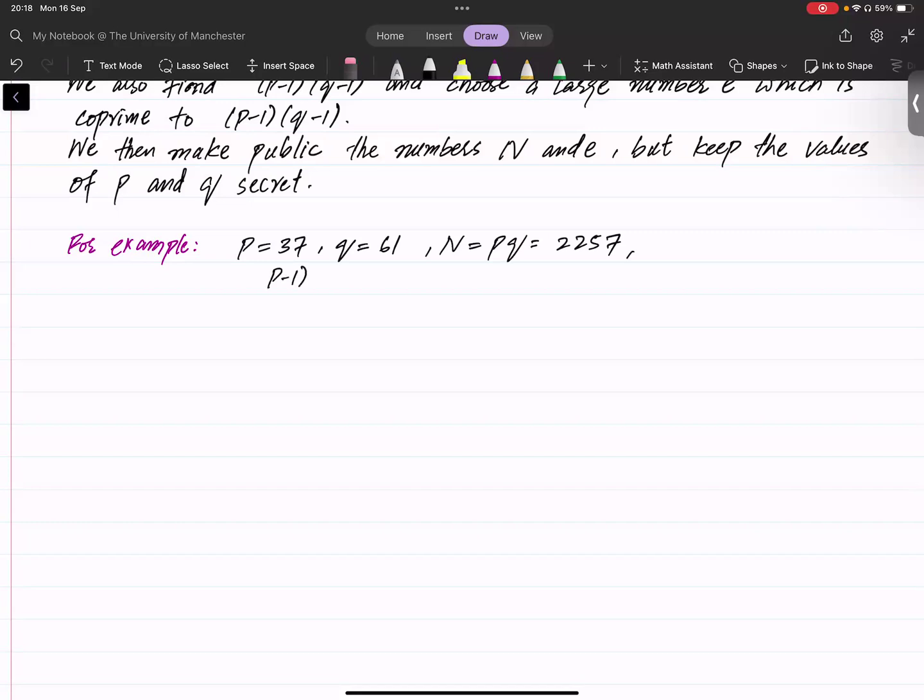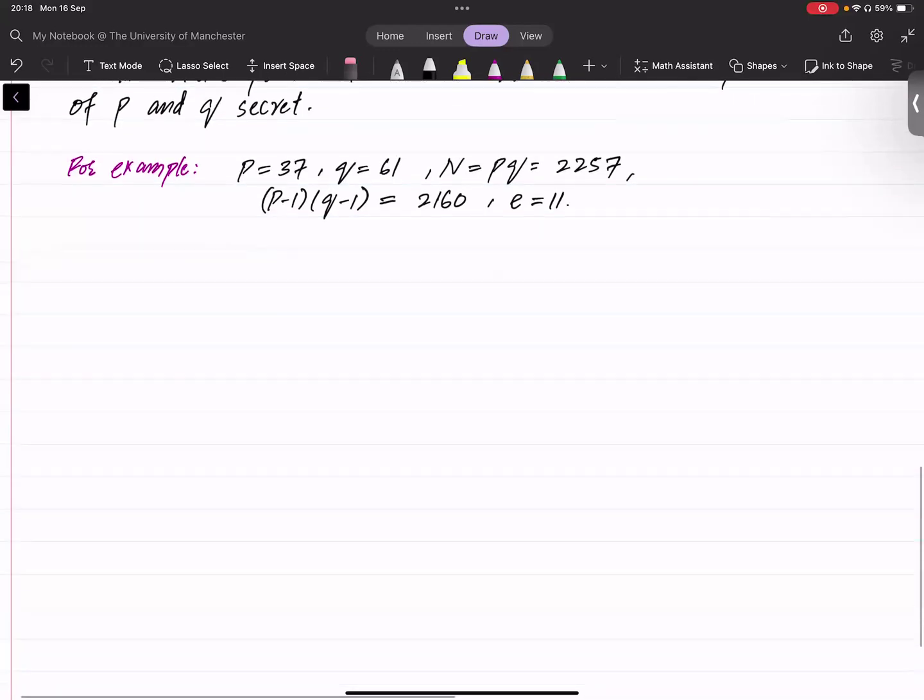And P minus 1 into Q minus 1 is 2160. E is 11. Remember, to ensure the security of the code, one uses primes with around 200 digits, but these primes will serve for illustration purposes.